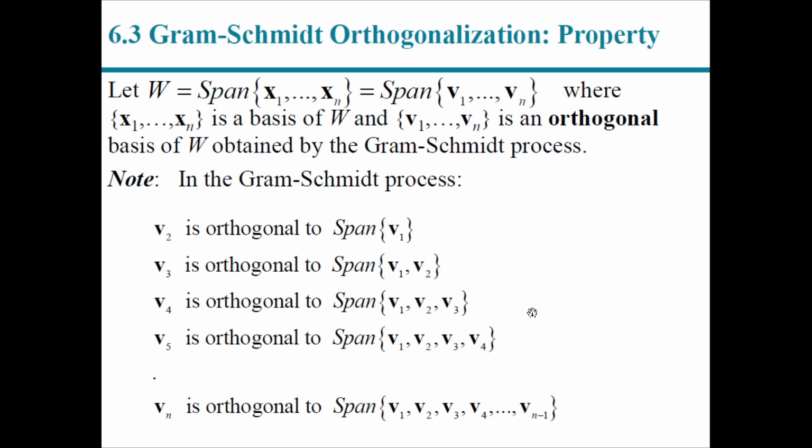So this just means that every new vector that we create through the process is orthogonal to every other vector already created. That's just an observation. That's what comes with the process. We don't need to do anything. We just do the process, and this is the benefit of the process.